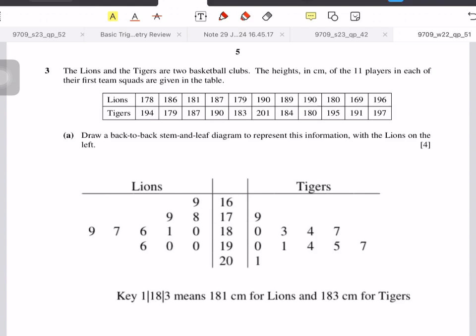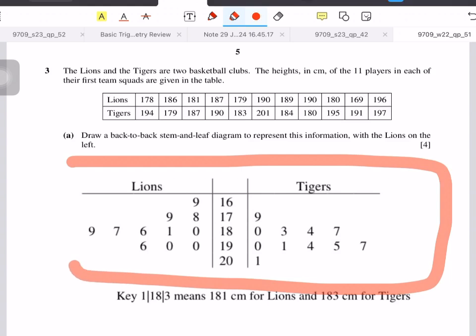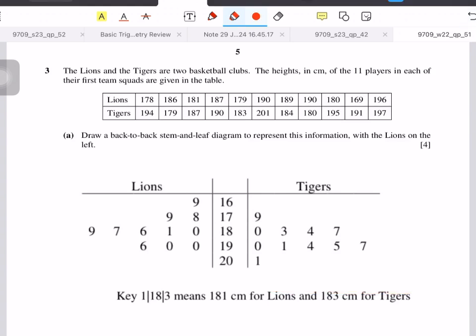So this diagram is the back-to-back stem and leaf diagram, and don't forget the important feature in a stem and leaf diagram is that you have to write the key, because without the key, one may have a different perception from the other.